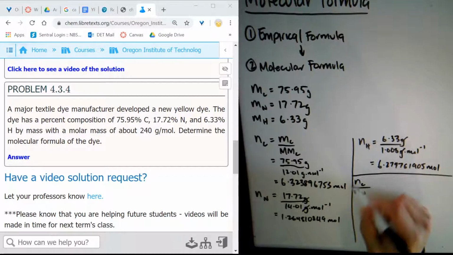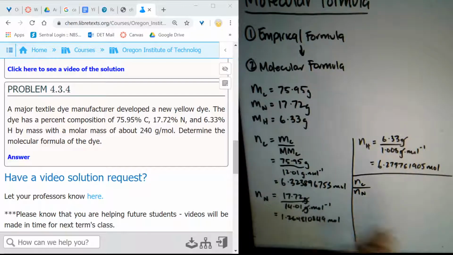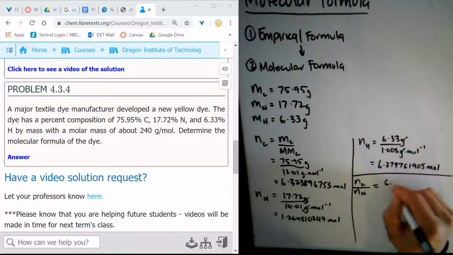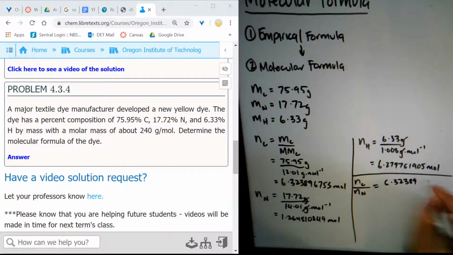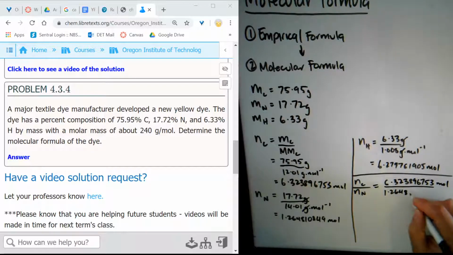You're often going to be better off putting the one with the larger number of moles above, so you don't get a strange fraction. So you're going to get 6.32389673 moles divided by 1.264810849 moles.